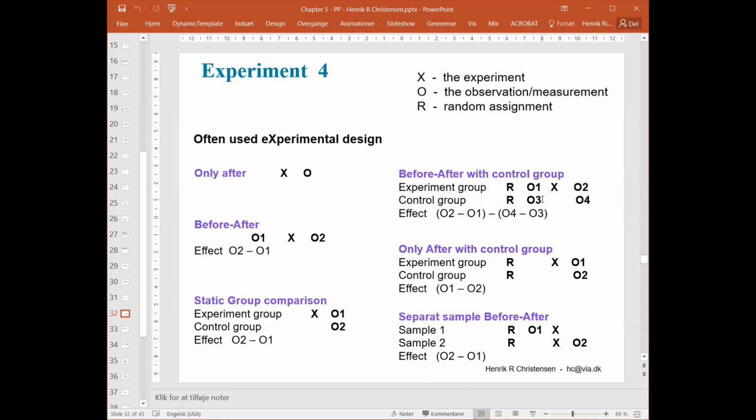So we have to deduct, that is why we have a minus here, the effect from a control group not being exposed to the experiment. So the change in the control group, maybe in satisfaction, will be O4 minus O3. And therefore, we have to deduct that. So the effect can be calculated using this equation.